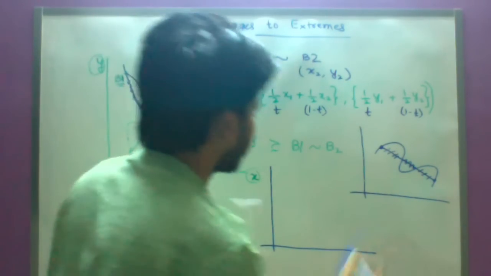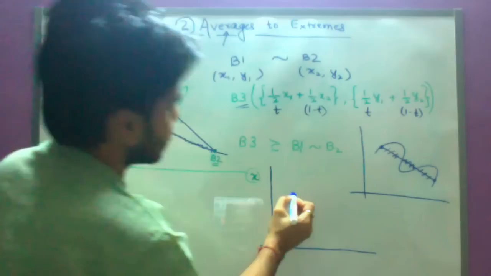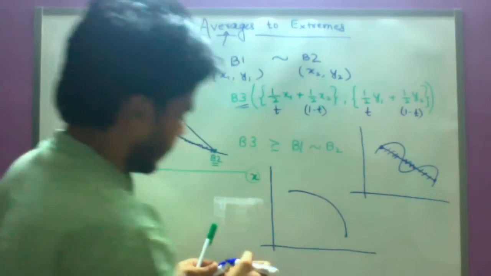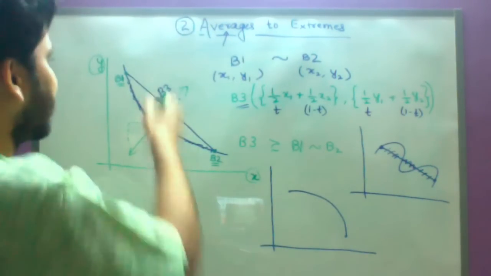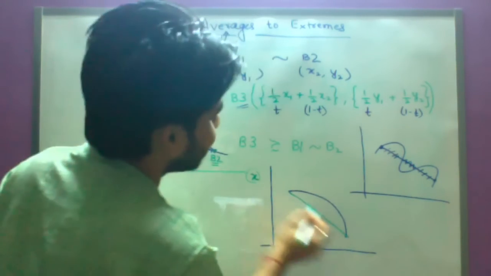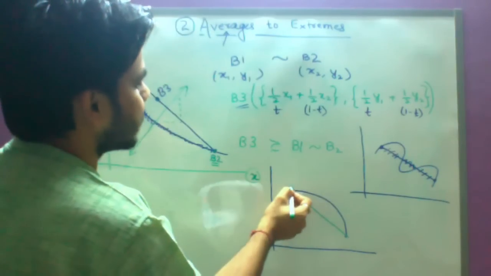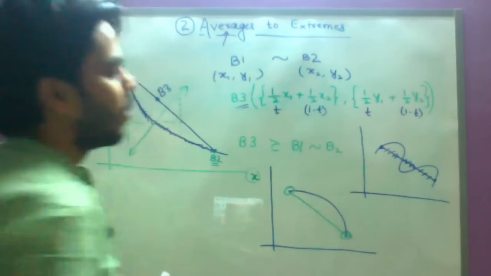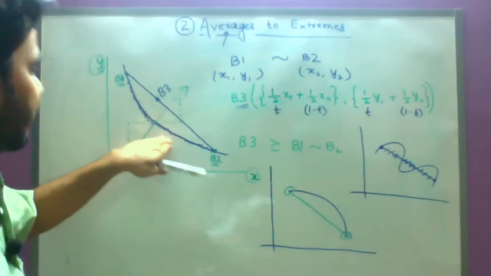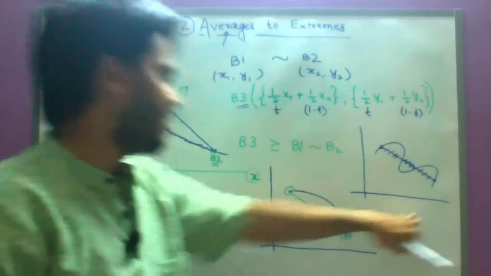Another example could be just the opposite of this. Let's say I have this kind of an indifference curve. In that situation, you just have the opposite, meaning the entire line connecting the two bundles is below. So you can also say that this is non-convex, this is concave.